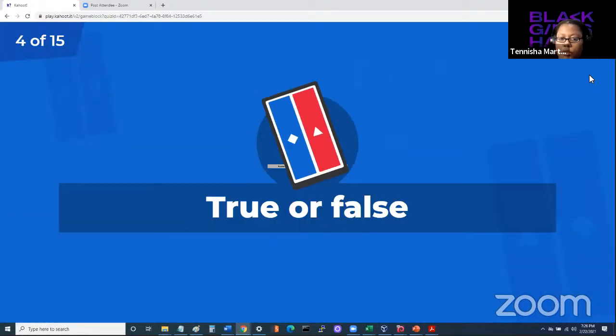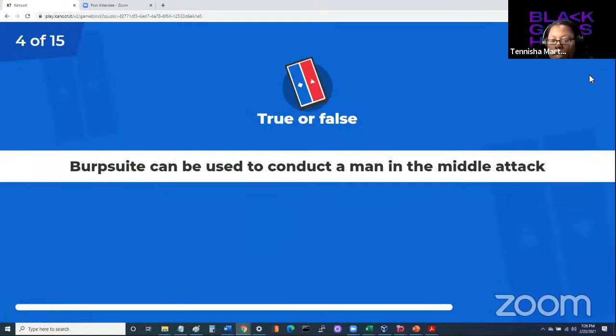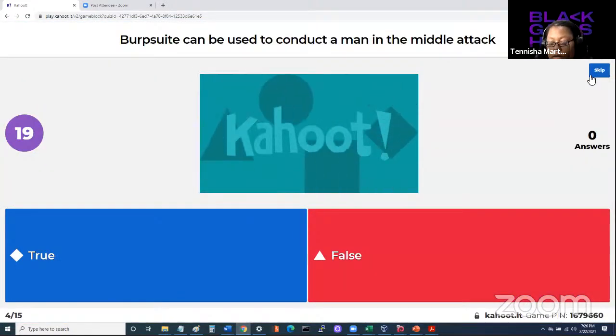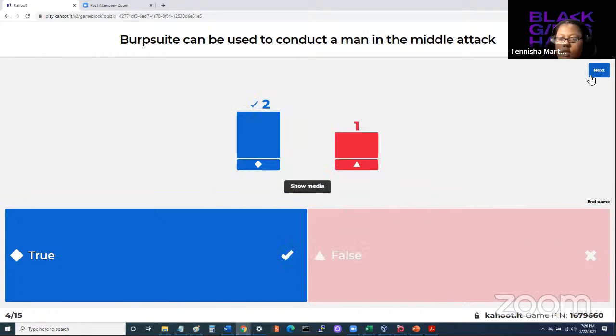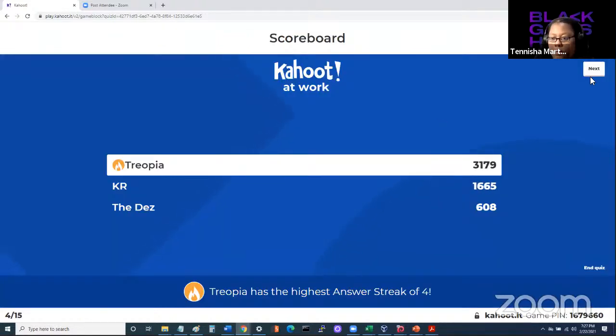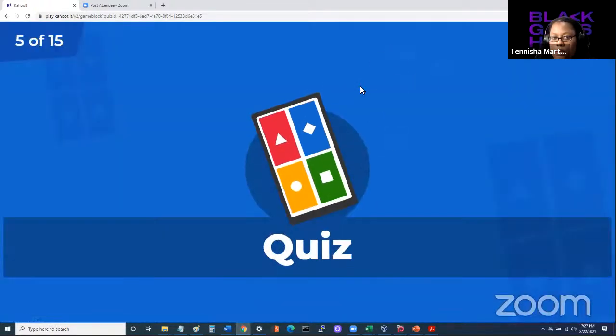Number 4, true or false? Burp Suite can be used to conduct a man-in-the-middle attack. Yes, this is true. We actually saw Burp Suite in use the other day, maybe a couple weeks ago in our lab. So those labs are available on the blackgirlshack.org website if you did not check them out.